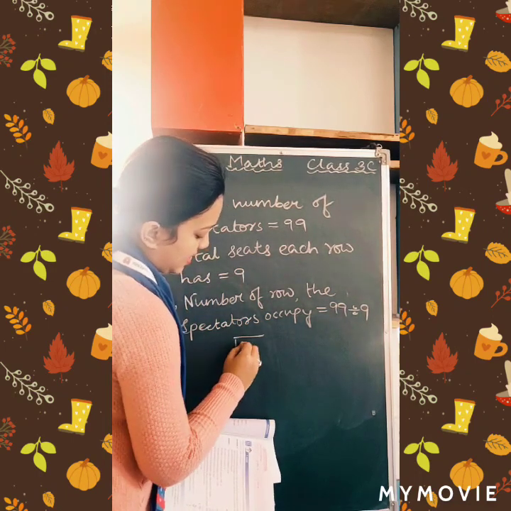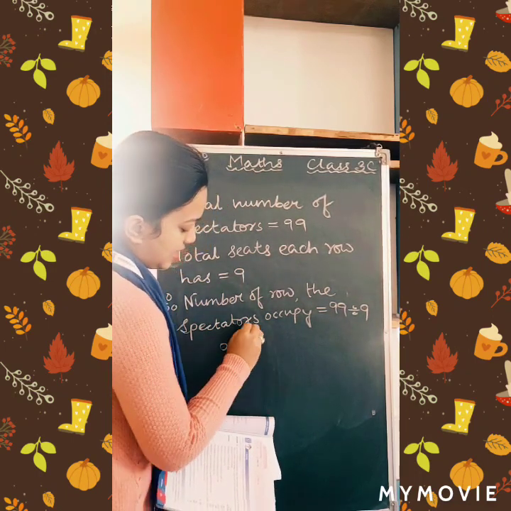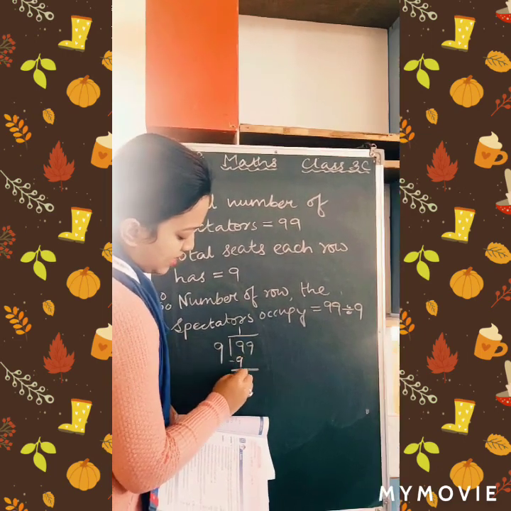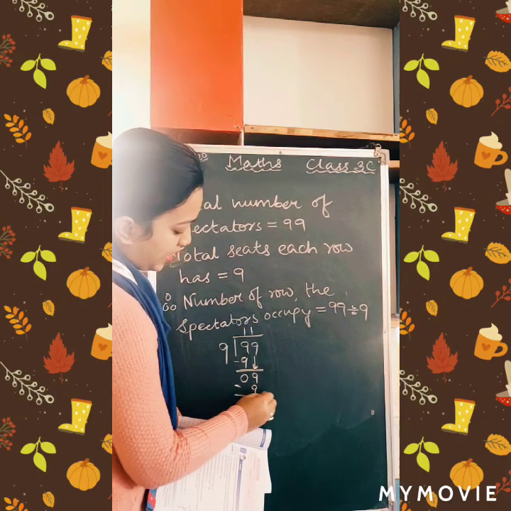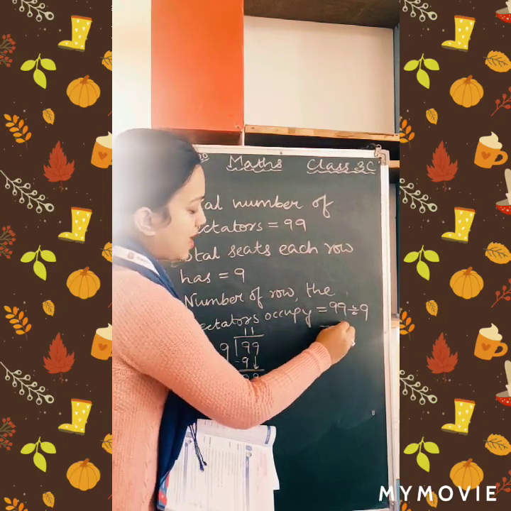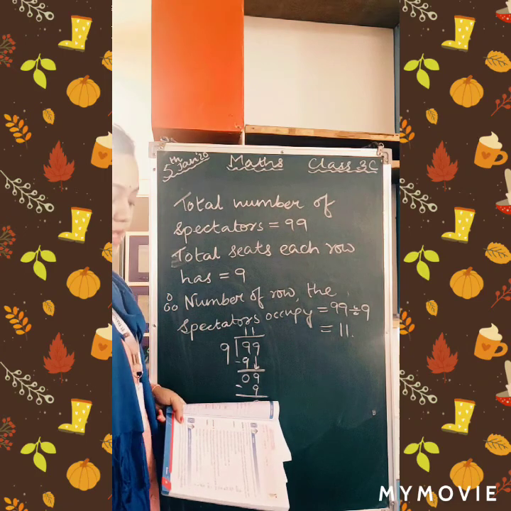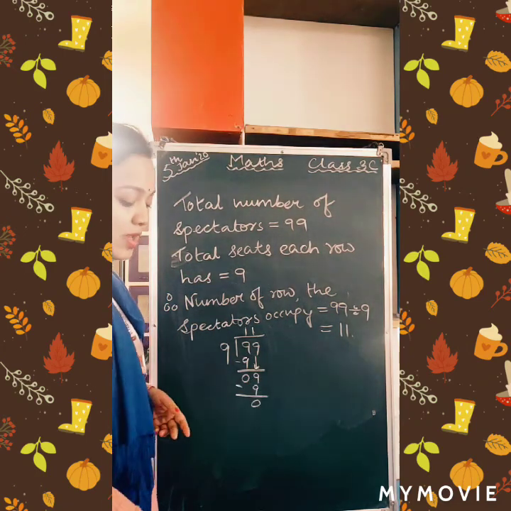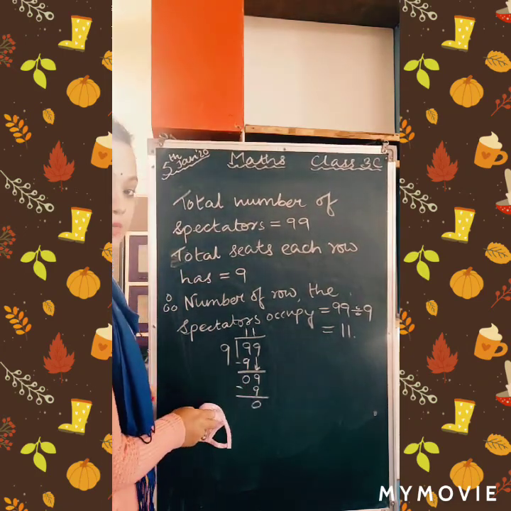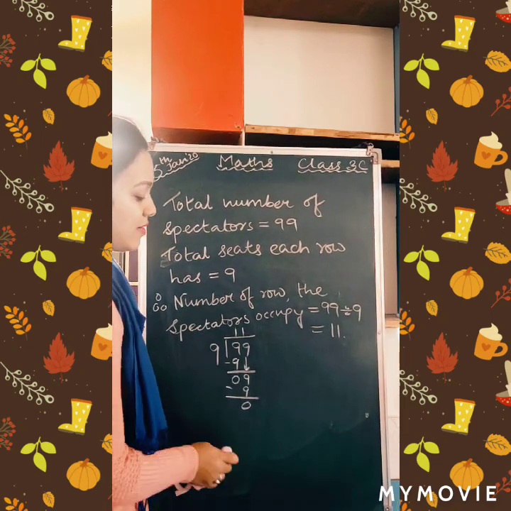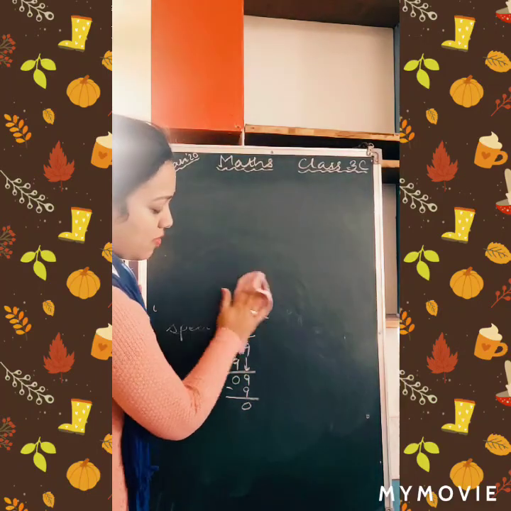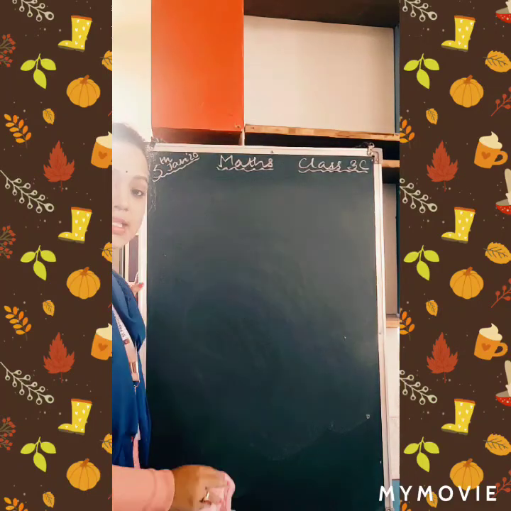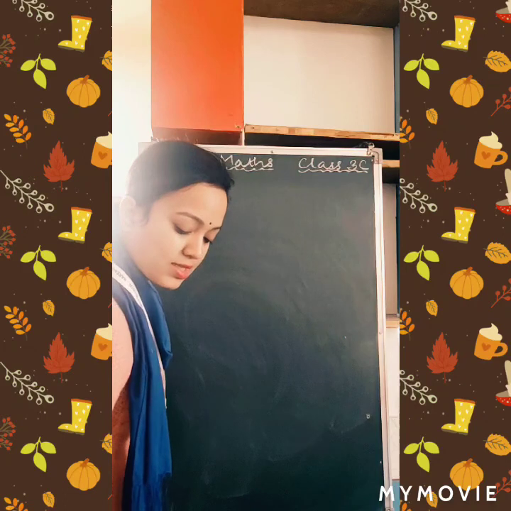So if you divide 99 by 9, then 9 ones are 9, minus 0. Bring this 9 down. 9 ones are 9. 0. So you get the answer as 11. In this way you are going to solve the word problems. Clear? Now I will give you 2 sums. Just see whether you can solve it or not applying these conditions that I have taught you just now.